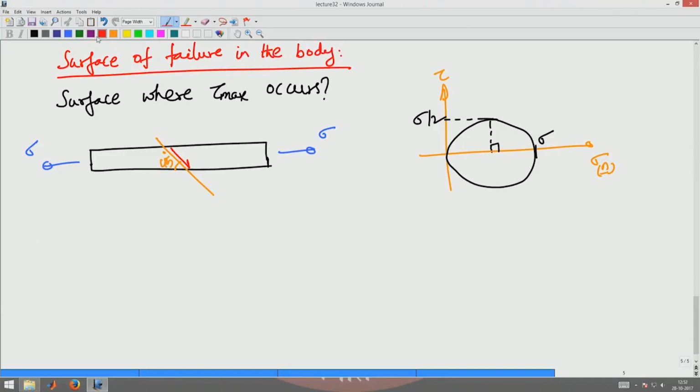So, the failure surface would look like some region is going to slide like that. Now, once it begins to slide, it shows large deformations. So, what is called necking occurs, and hence the final failure surface of a body in tension, for example for a material like steel, would look like this.